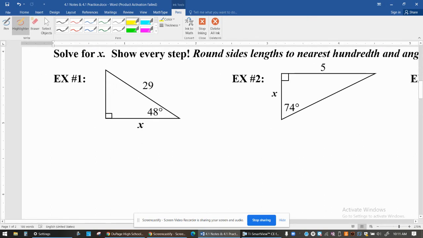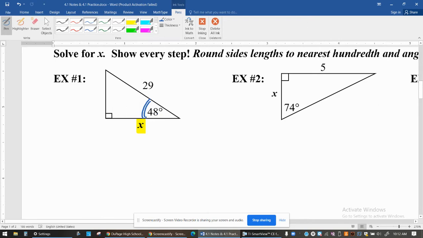All right, so number 1, we are missing a side length of x. Your theta, or your angle, is 48. So to find the side, I'm going to create an equation that sets up the use of x and 29 and the angle given.